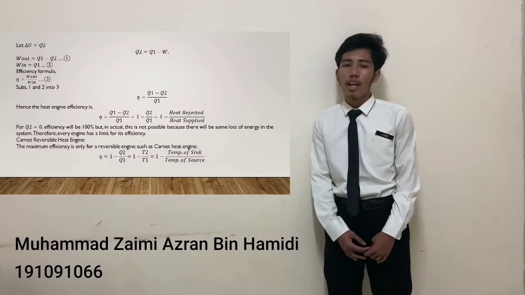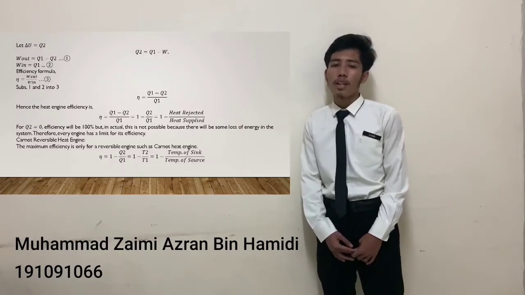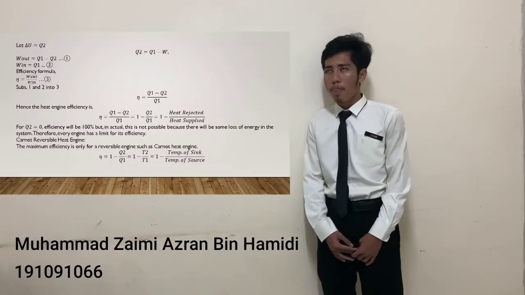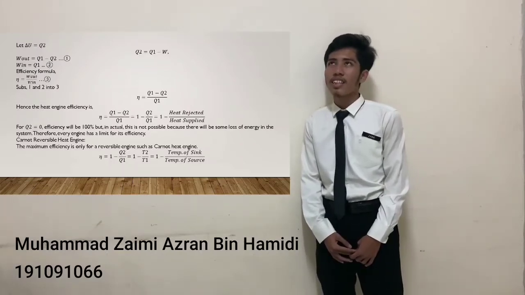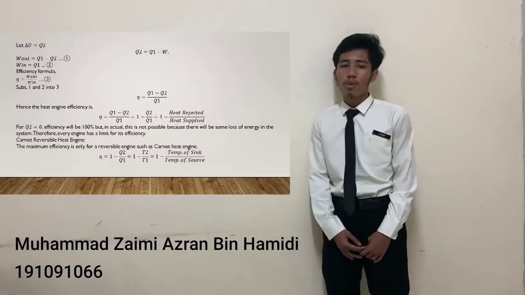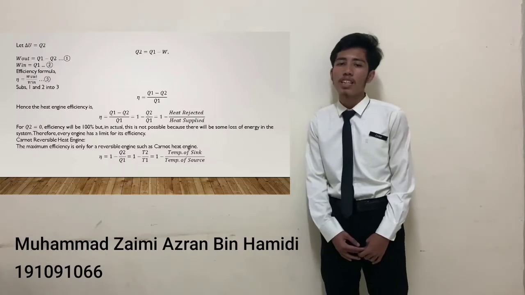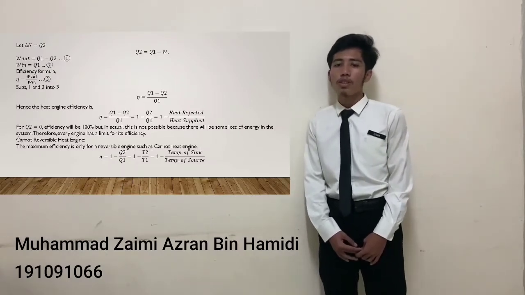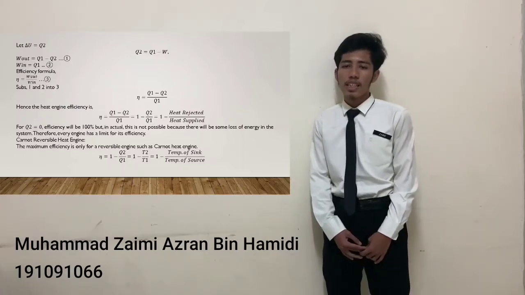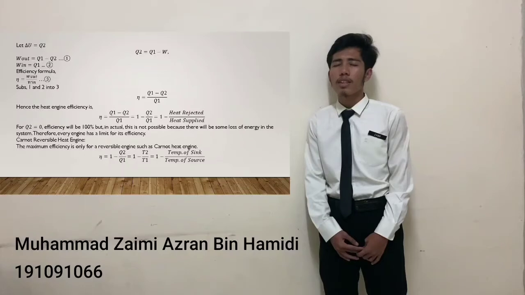After we derive, we get 1 minus Q2 over Q1, where Q2 is heat rejected and Q1 is heat supply. For Q2 equal to 0, efficiency will be 100%, but in actual fact this is not possible because there will be some loss of energy in the system. Therefore, every engine has a limit for its efficiency.